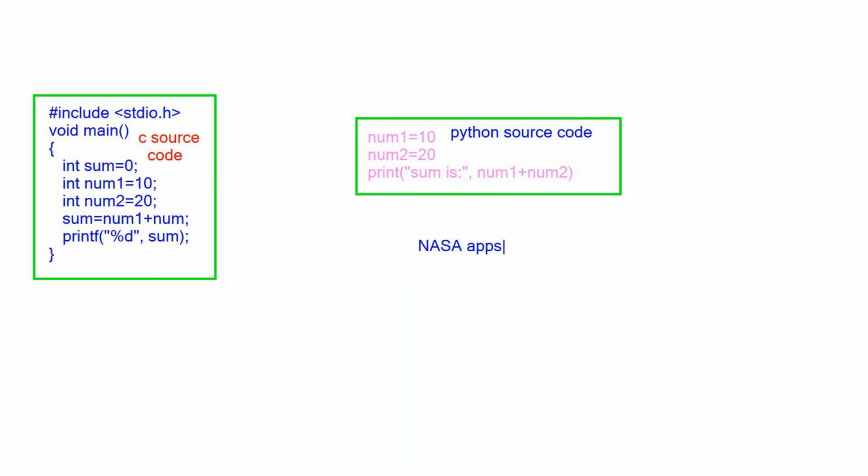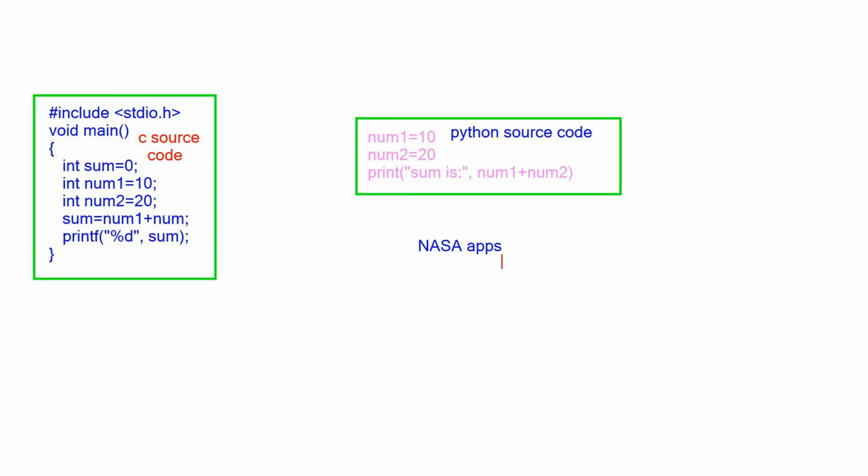You might have heard about NASA, right? They experiment with satellites, so they want their applications to be executed very fast. So they highly recommend Python for their application development.